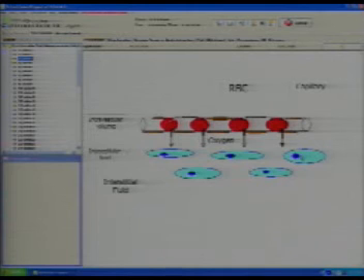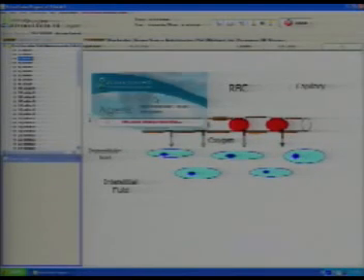That is possible provided the fluid in the intravascular compartment, interstitial compartment, and intracellular compartment are balanced.